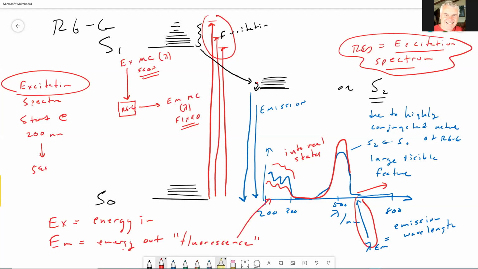So you don't need to have a single detector that can span many orders of magnitude of sensitivity, right?